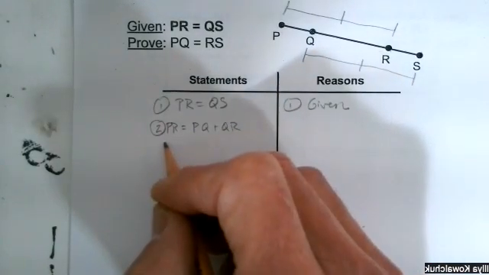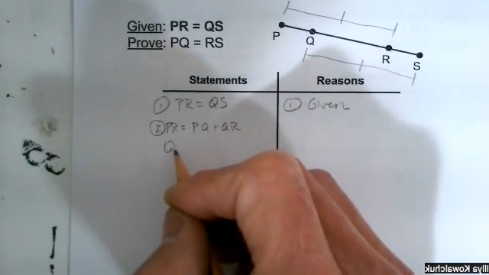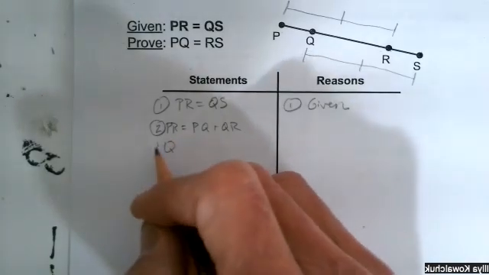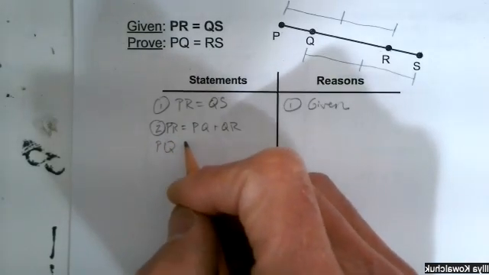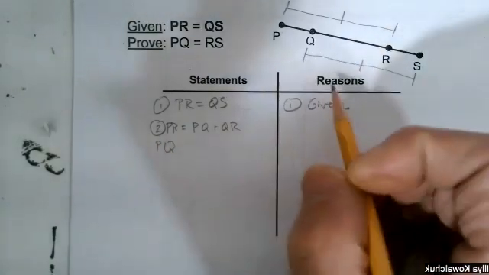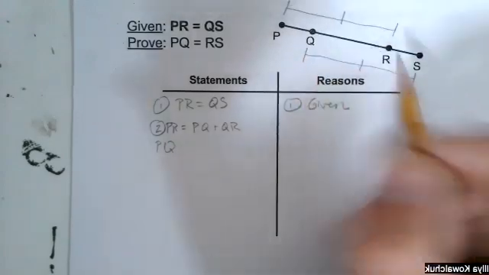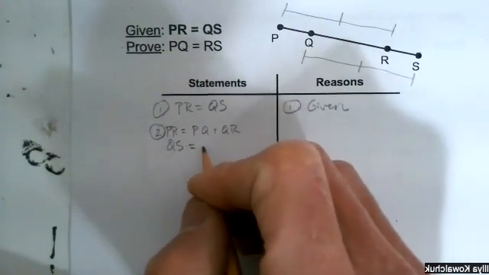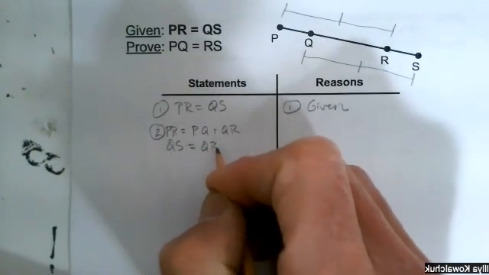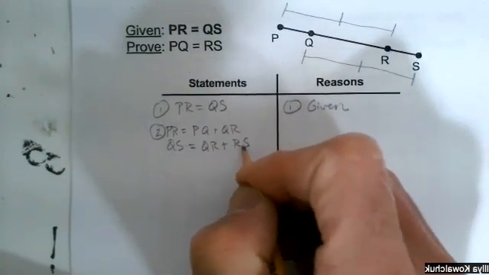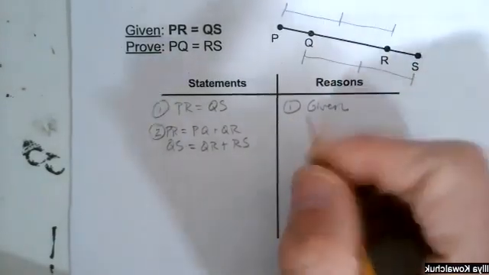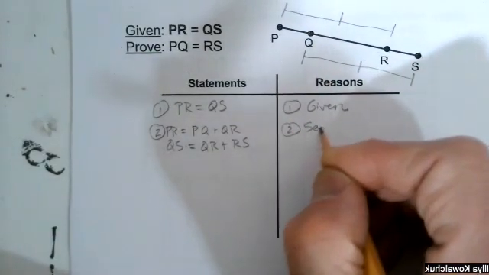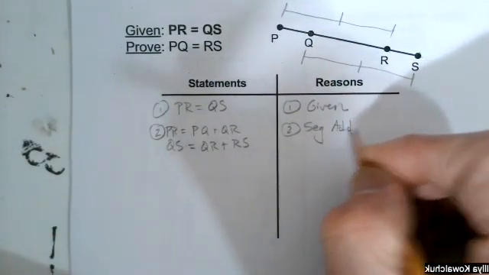And I know that QS is equal to QR plus RS. This part plus this part. And again, that's my segment addition postulate.